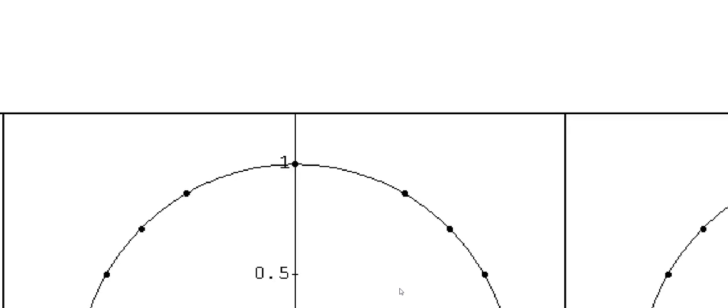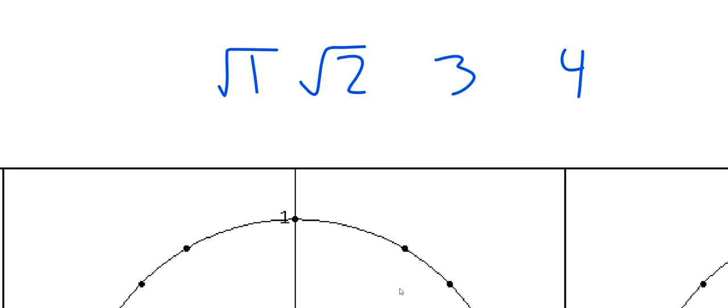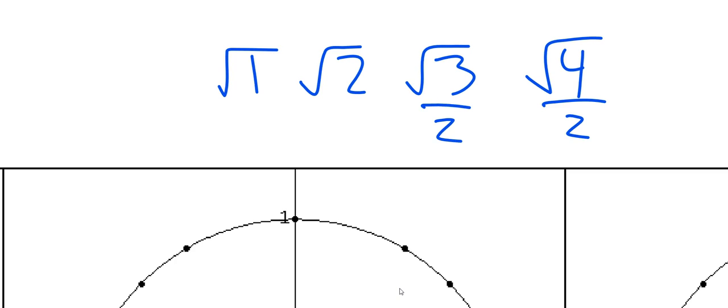Okay, now, I want to write down a few numbers and ask you a question. Do you agree that these 4 numbers are in increasing order from left to right? If I took the square root of each one of these and divided them all by 2, some of them reduce and some of them do not.